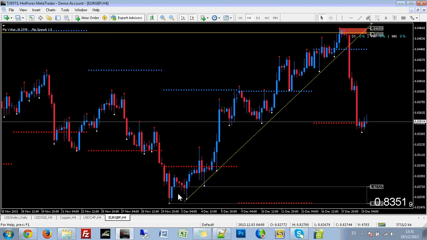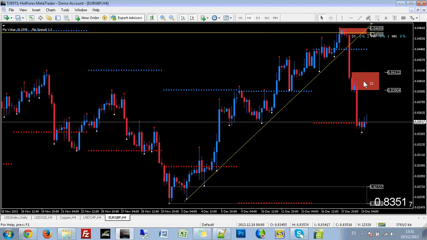Now we see that the trend line has been violated solidly with this candle over here, not this one because this is just a close, but this full candle, the high, the low, the open and the close, this bullish candle. So now we have a level here, a CP area of supply, which I'm looking to short as well, to scale in.